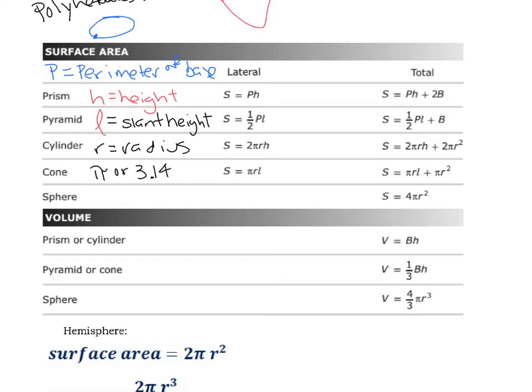But remember, you'll be told which one to use. And I think the other one is capital B. Capital B stands for the area of the base. Okay, so these are all definitions that you need to understand when we're interpreting all of these formulas.